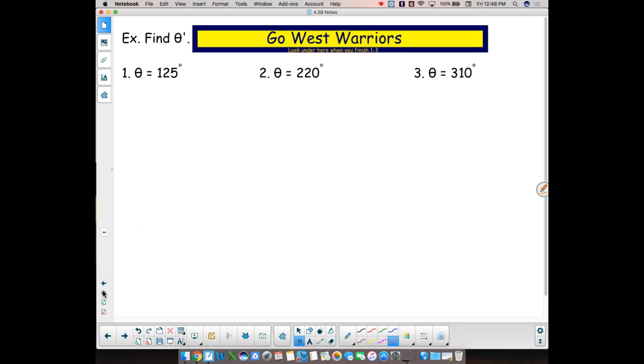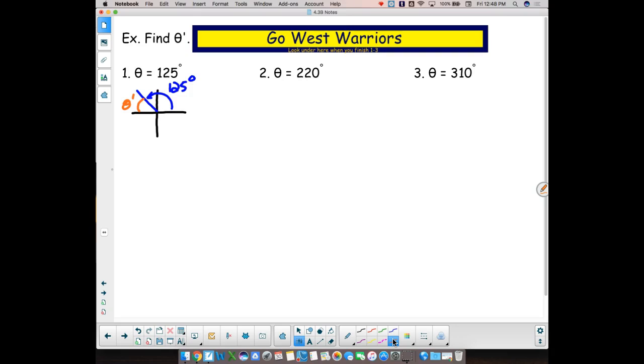So when it says find theta prime, or find my reference angle for these 3 angles, 125 degrees would be up in quadrant number 2. Which means my reference angle would be off the horizontal, and it'd be located right there.